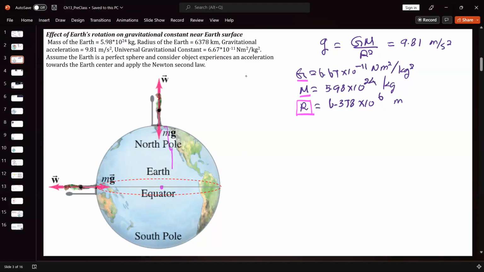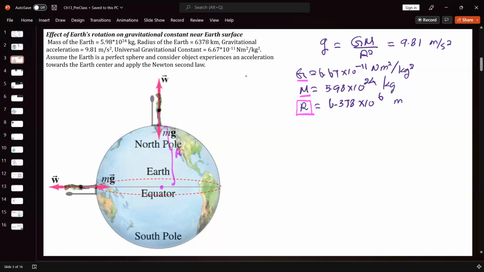That's the separation, which is the radius of the Earth. However, depending on the position of the mass, this radius parameter can differ. For example, if the object is in a high mountain area, then the radius parameter is not the Earth radius itself, but Earth radius plus something. So this small g is obviously changing.